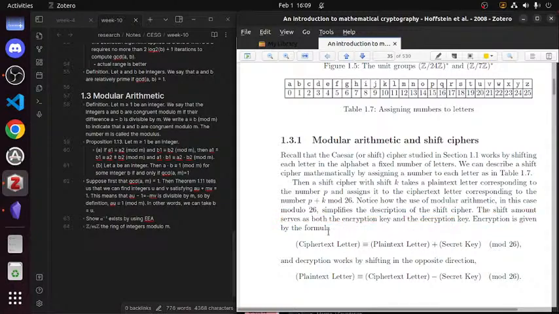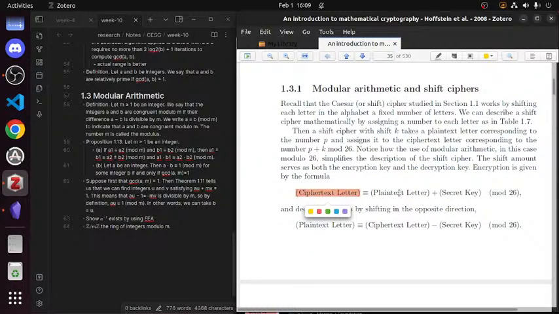Decryption is given by the formula. Take the ciphertext letter that you're at now, and that's going to be congruent to the plain text letter you're looking for, plus that secret key, mod 26.